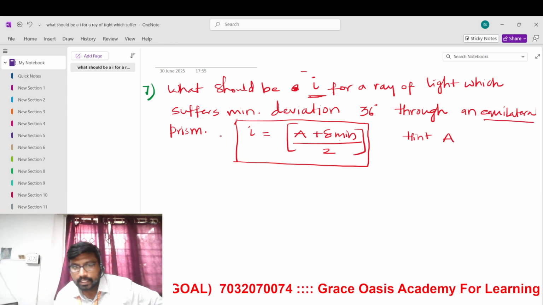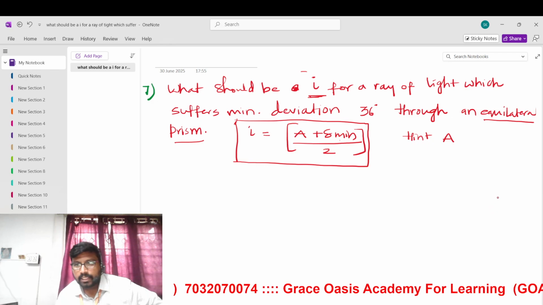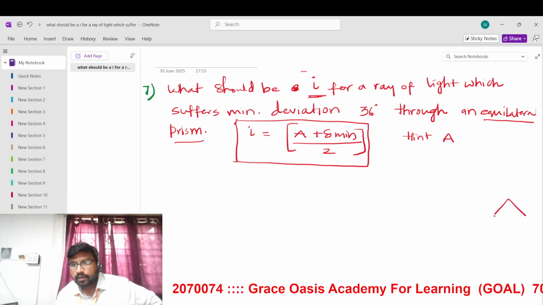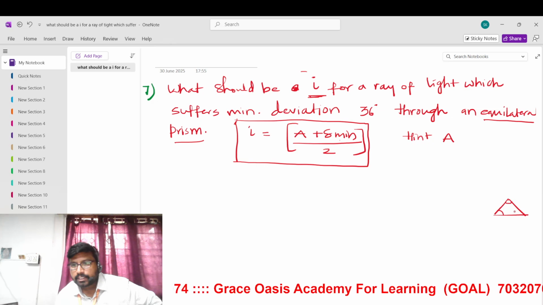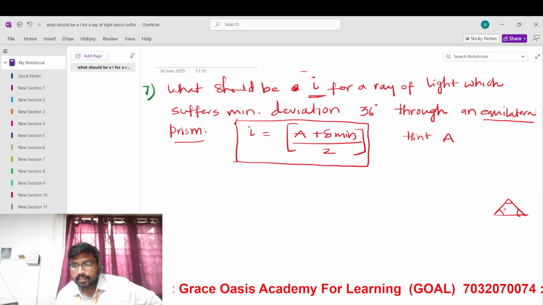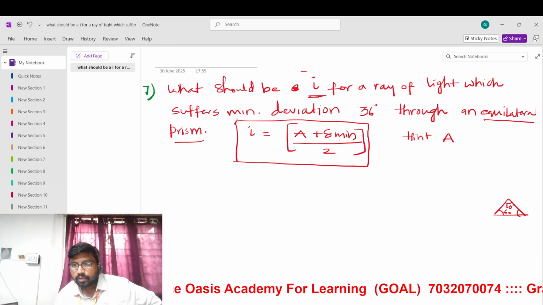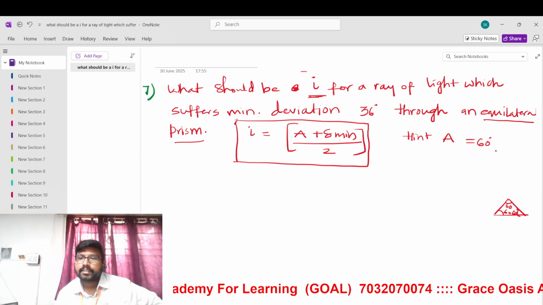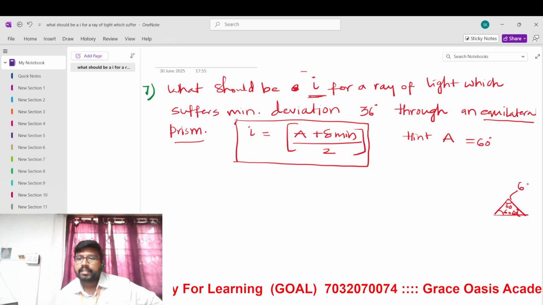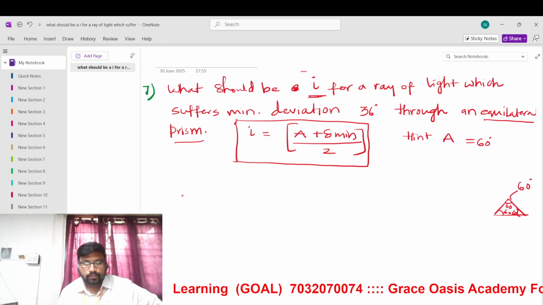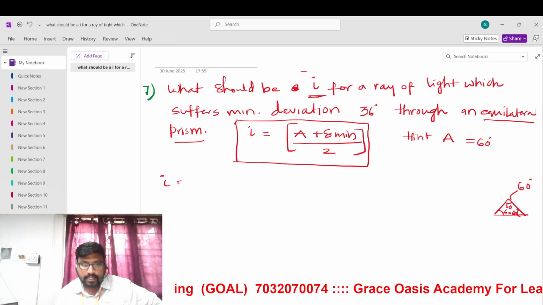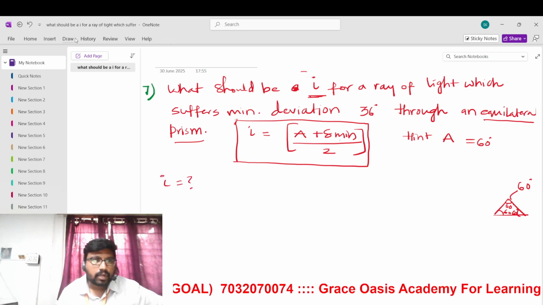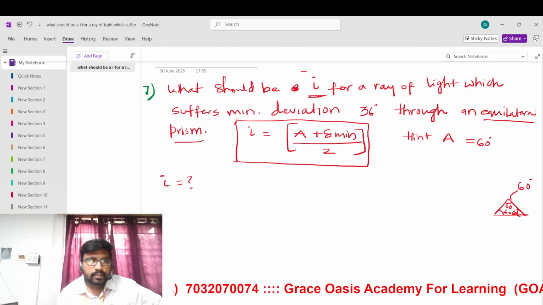What is an equilateral prism? An equilateral prism means obviously the angles should be equal on all sides, 60, 60, 60. Then only it will become equilateral. So A equals 60 degrees here. This angle will be 60 degrees. So now what is asked is i equals what?